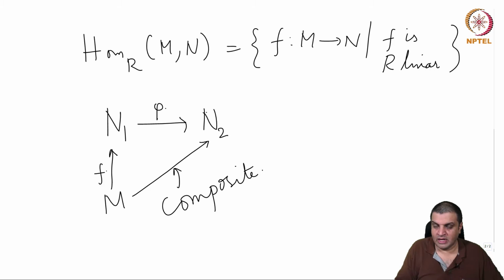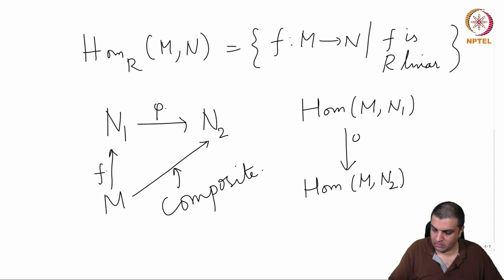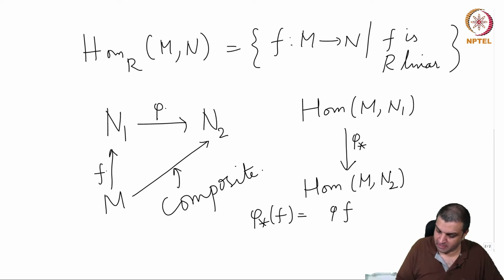Okay. So what have we obtained? We have obtained a map from Hom(M, N1) to Hom(M, N2). Let's call this map phi star. And phi star of some f is, you first apply f to get to N1 and then you apply phi. So this is the definition of what phi star means.